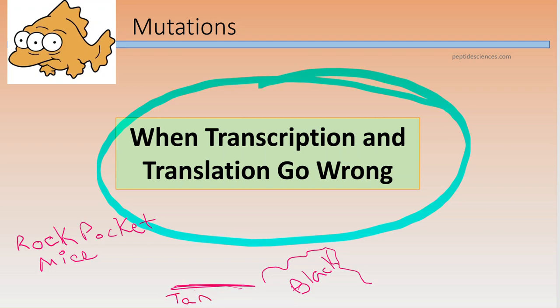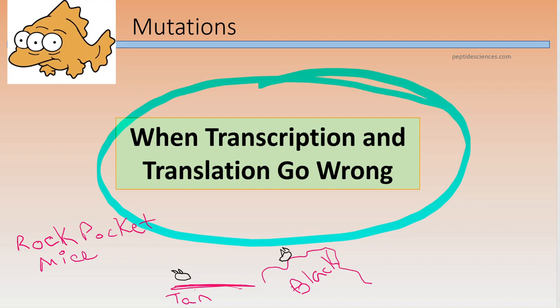And what has been discovered, the really cool thing, is that the little mice that live in this area are tan colored. The little mice that live on this area are black in color. They're the same species, but the ones who live on the rocks are black. The one who lives on the sand is tan.